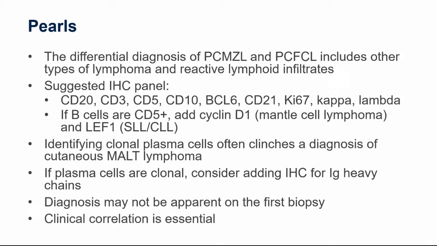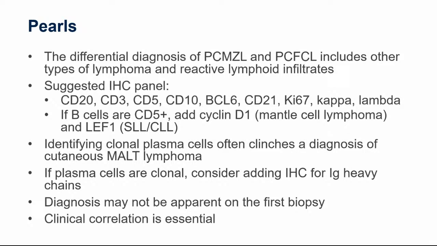To suggest an immunohistochemistry panel, I would say optimally one should do CD20, CD3, CD5, CD10, BCL6, CD21, Ki67, kappa, and lambda. If the B cells are CD5 positive, I would add cyclin D1 to exclude mantle cell lymphoma and LEF1 to investigate small lymphocytic lymphoma, chronic lymphocytic leukemia. I'd also check what the CBC is and see if there's a lymphocytosis.